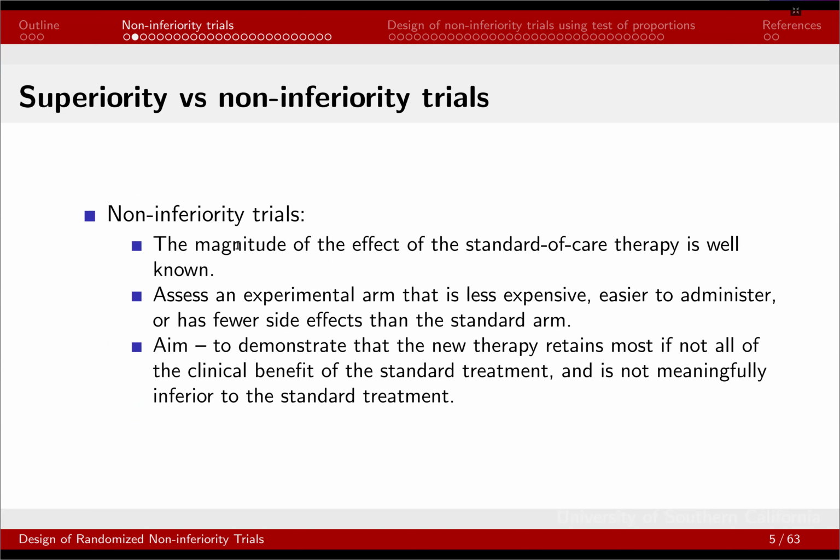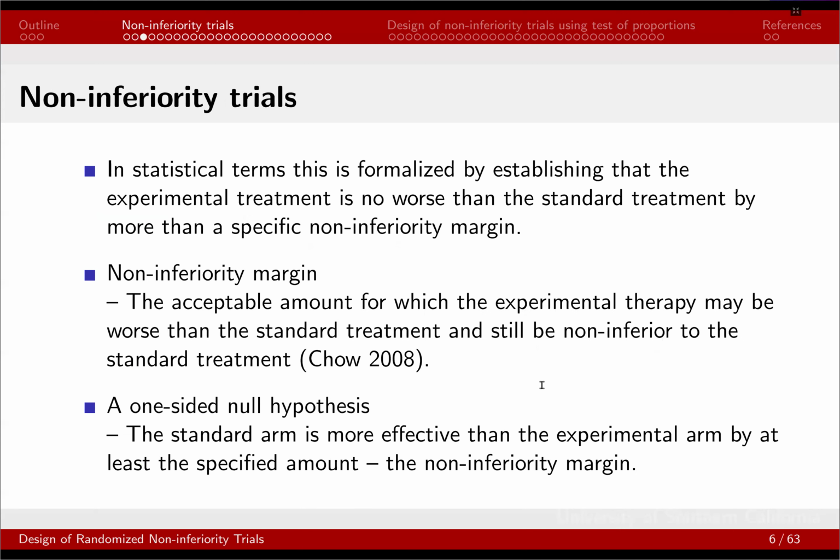For non-inferiority trials, the magnitude of the effect of the standard therapy is well known, and a non-inferiority trial assesses an experimental arm that's less expensive or easier to administer or has fewer side effects compared to the standard treatment. So the aim is to demonstrate that the new therapy retains most, if not all, of the clinical benefit of the standard treatment and is not meaningfully inferior.